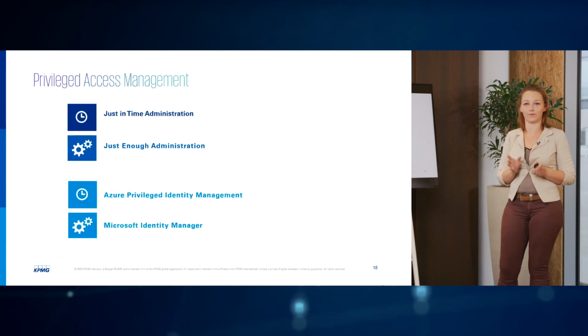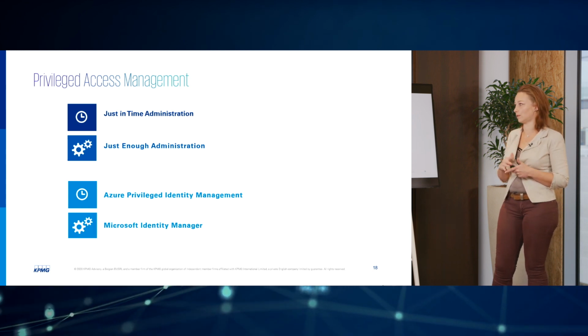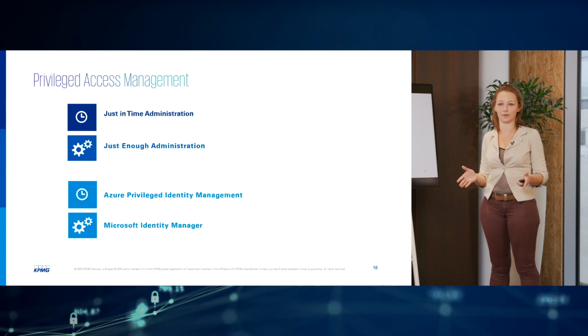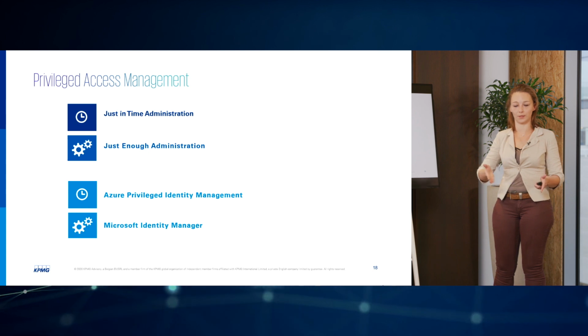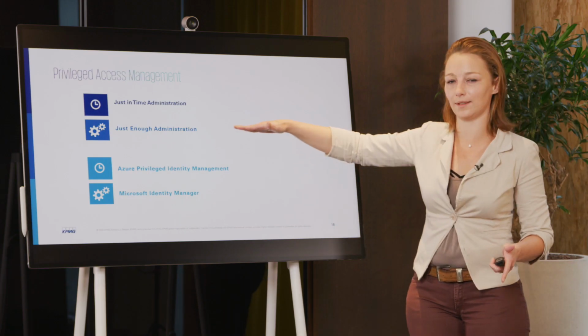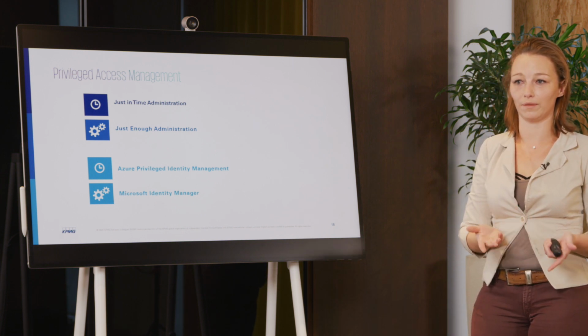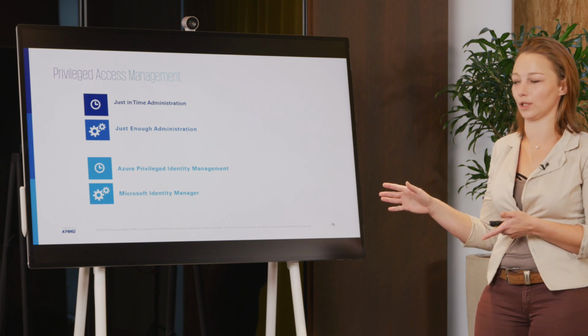It is very important to understand that, first of all, PAM, or privileged access management, is split up in 2 scenarios. First of all, the segregation of zones, where you restrict the zones with just enough administration. Second of all, there is the privileged identity management, where you have just-in-time administration.